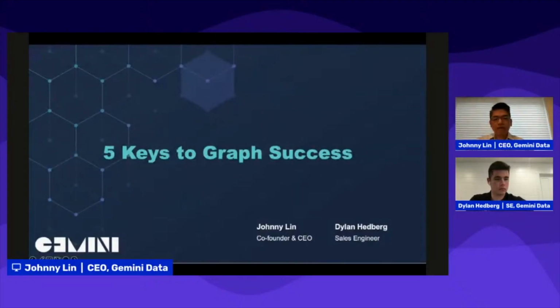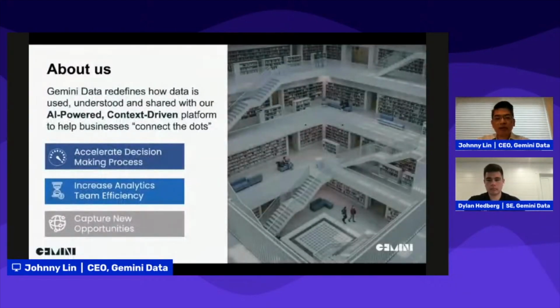Okay, so for those of you who don't know about Gemini, I just want to give you a very quick introduction. We're based out of San Francisco, and the company has been around for a couple of years, and we've been very focused on modernizing graph technology and defining how data is used, understood, and shared within the enterprise.